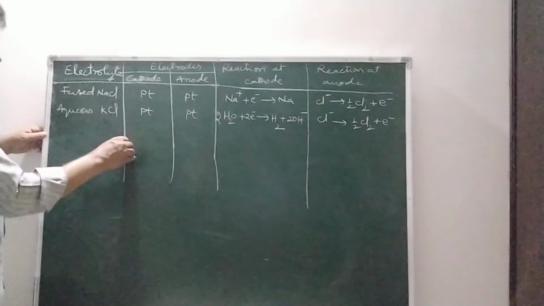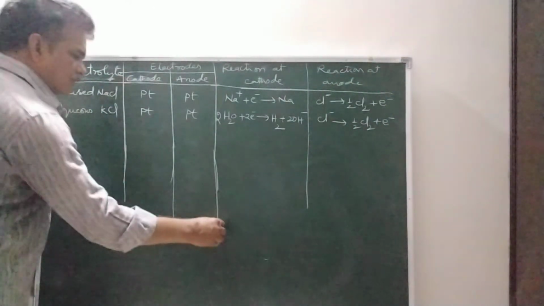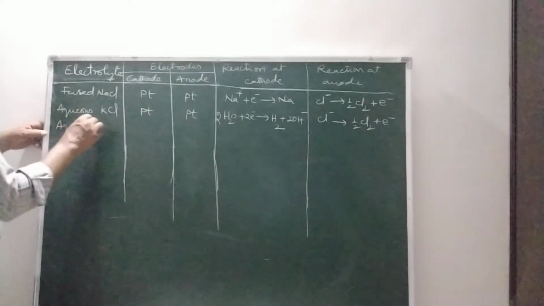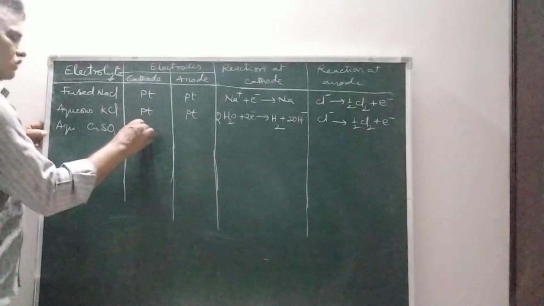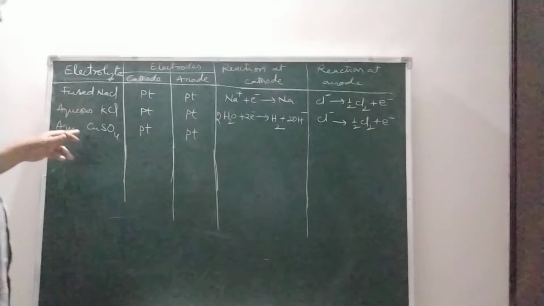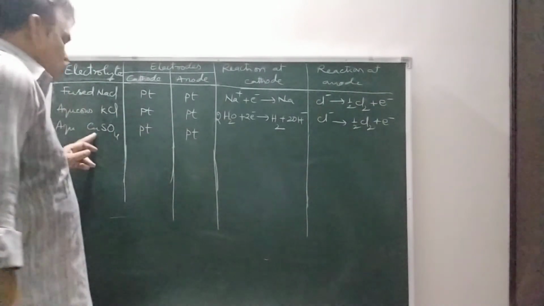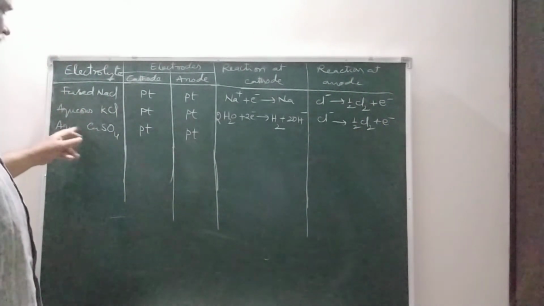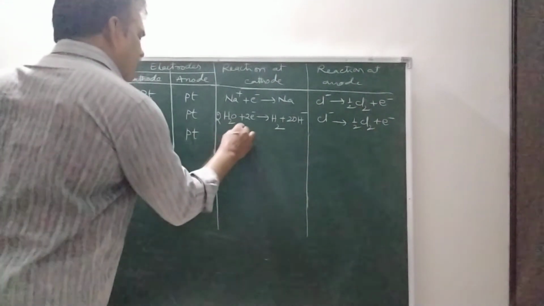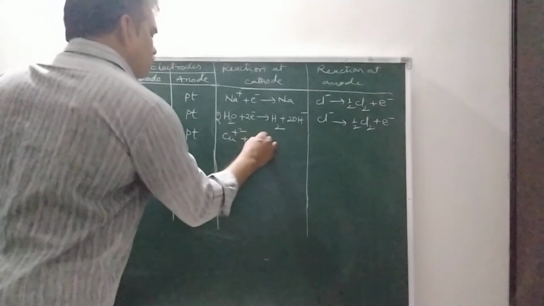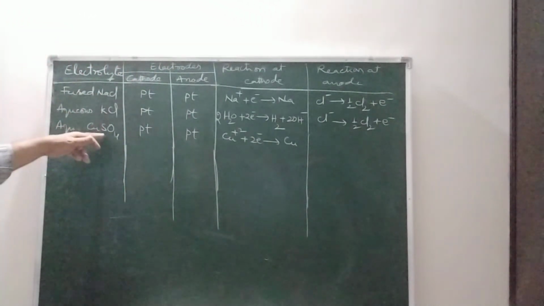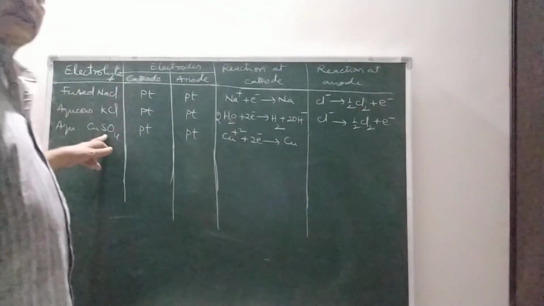Next, we take aqueous copper sulfate, CuSO4, using platinum electrodes. At the cathode, Cu2+ ions and H+ ions are present. Among these two, Cu2+ ions have low discharge potential. So, Cu2+ takes 2 electrons and converts into Cu. Similarly, at the anode, SO4 2- ions and OH- ions are present.